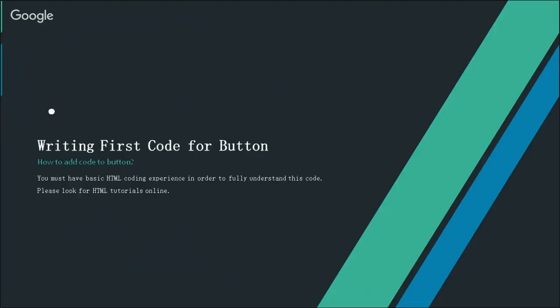Before knowing how to add code to a button, I think how to create a button would be more helpful, because I'm assuming all of you are real beginners in Android application development, so I will have to present how you can actually develop an Android application's button.